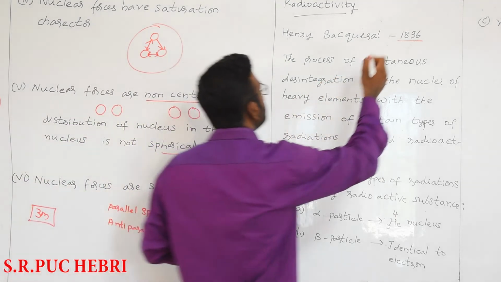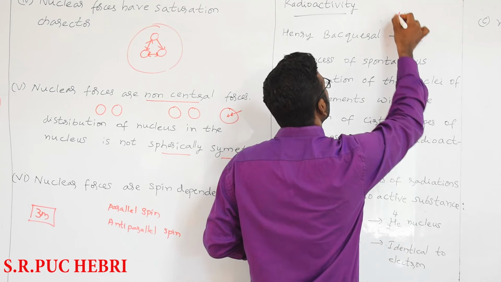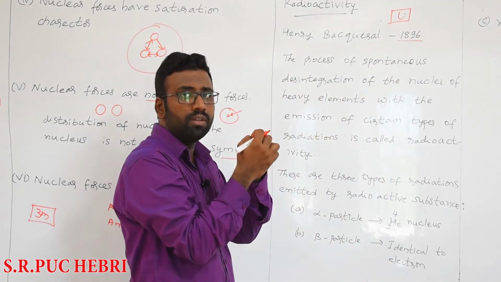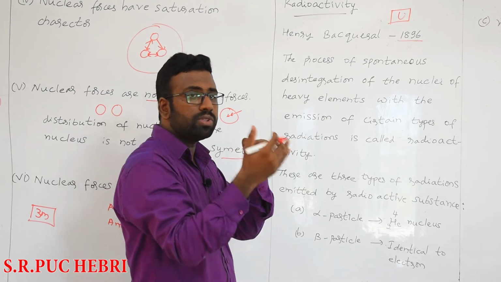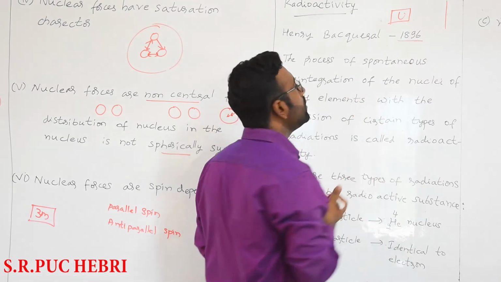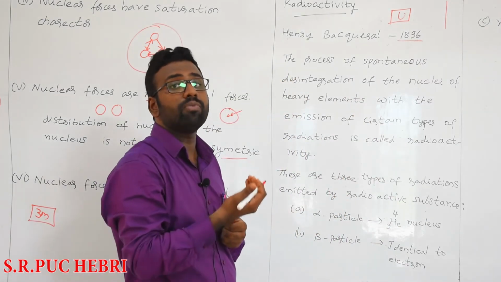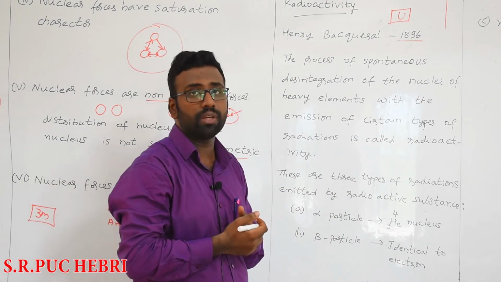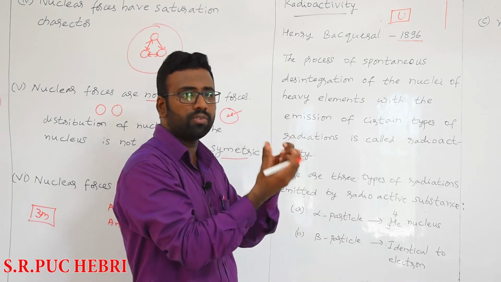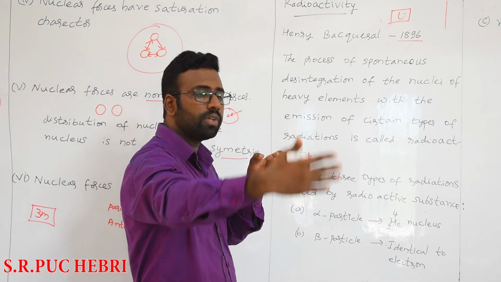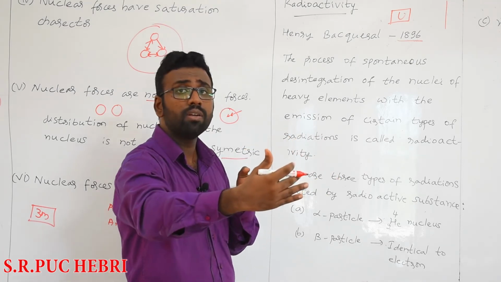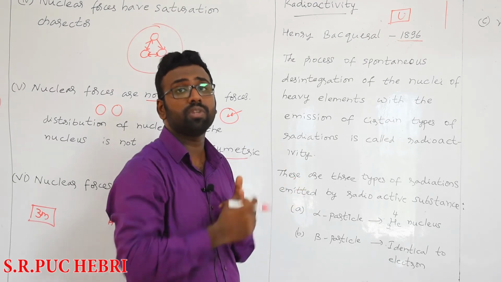He had kept uranium in a foil, okay, bound in a foil, and he observed that the photographic plate kept somewhere near it was getting affected by the presence of this uranium.